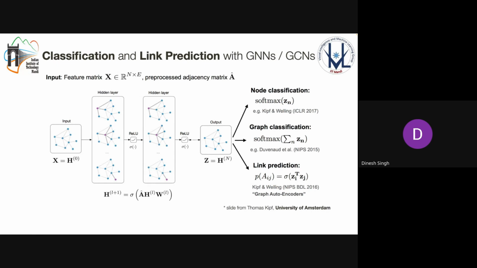But if you want to do classification of the graph, where you have multiple graphs, with the same framework you can learn those embeddings, but now you have an embedding for each node. Different graphs have different embeddings on different nodes, so you need to do some kind of pooling.